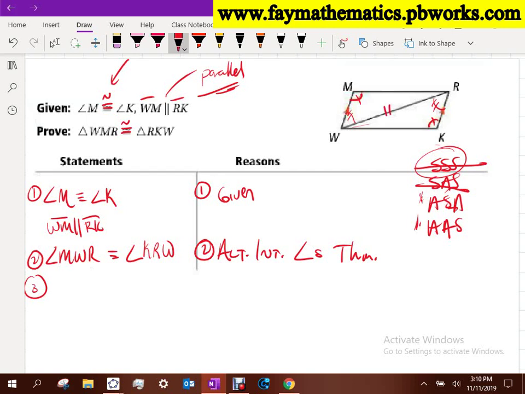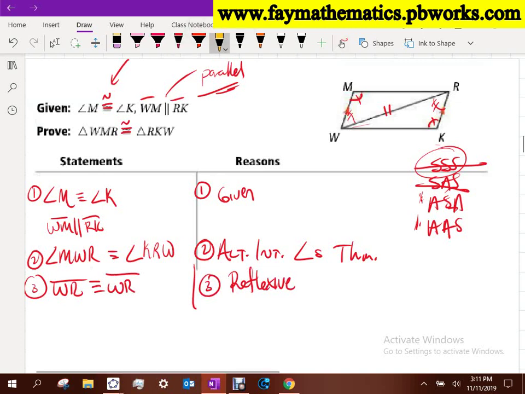Do we know that this side here, based off of patterns, is something we always want to look at? Shared by both triangles. So we're going to say WR congruent to WR. What's that reason? Reflexive. What's the order of parts now up here?